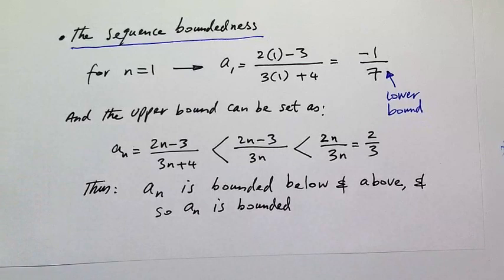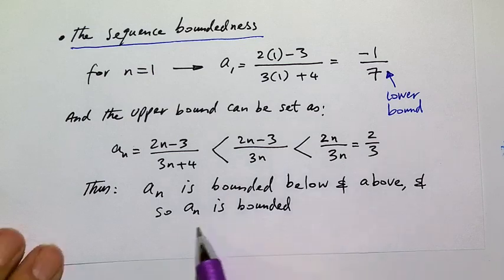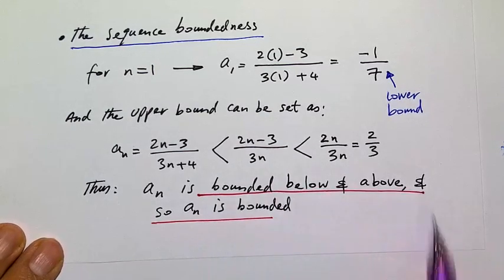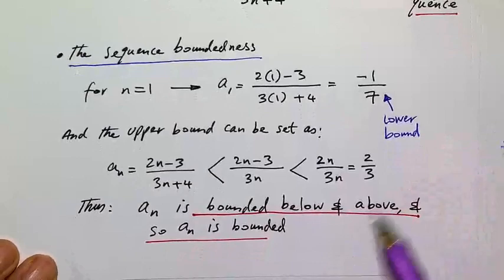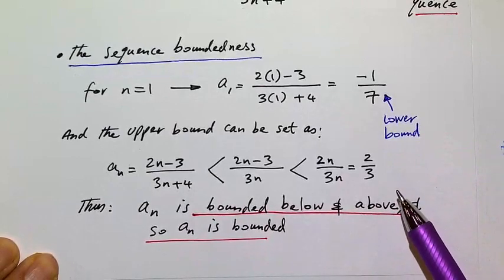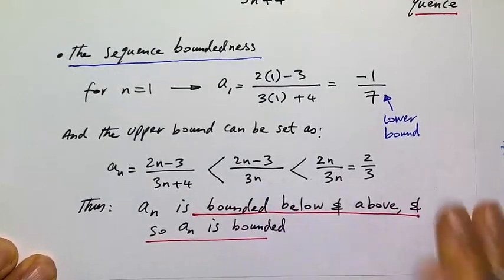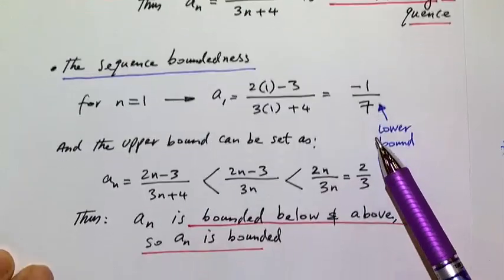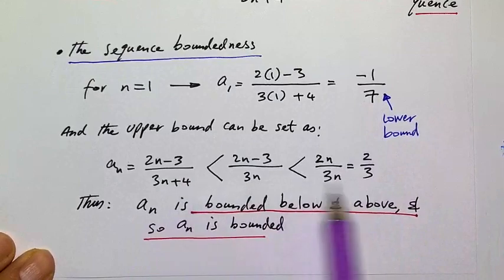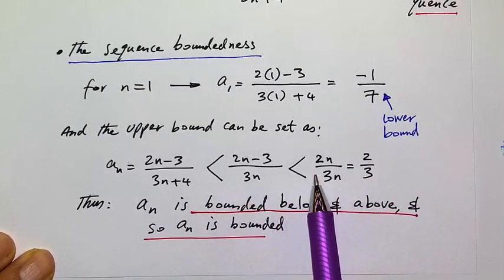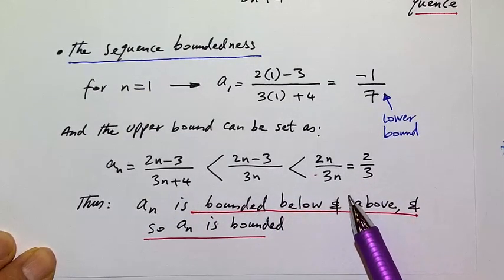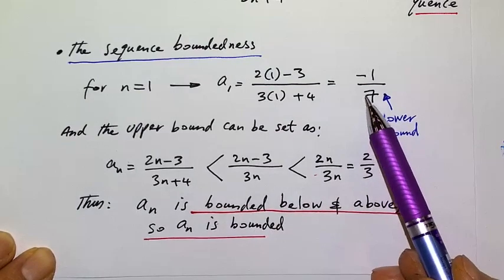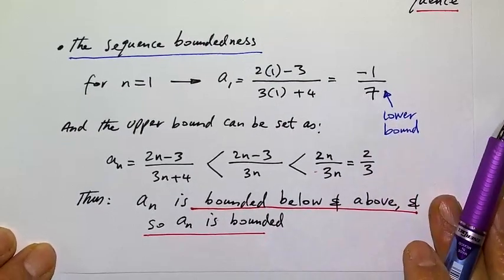Okay, remember, a sequence is bounded only if it is bounded both below and above. We're not required to show what the upper bound is. Here we found the lower bound. We could find the exact value, but for the upper bound, we showed that it has an upper bound. So that's all we care about. It's bounded above, it's bounded below, therefore the sequence is bounded.